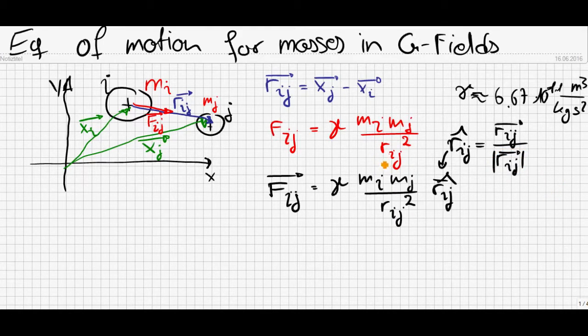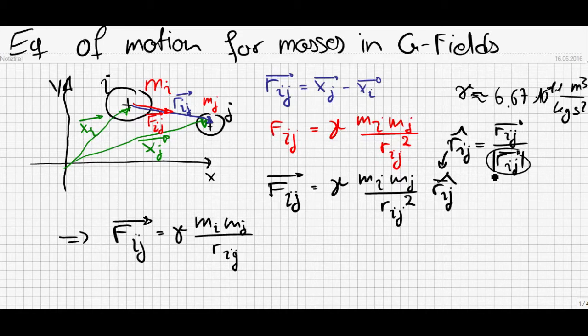So that I can rewrite my equation in the form Fij vector is equal to gamma mi mj over rij. Now not squared anymore, because we have another rij up here to multiply it. So we cube this, and we multiply with rij vector.